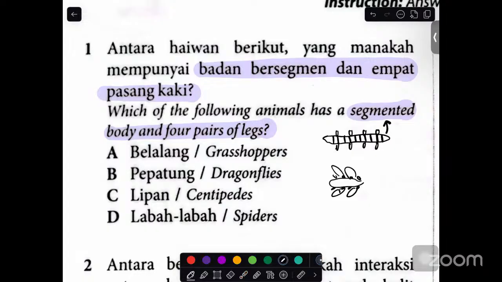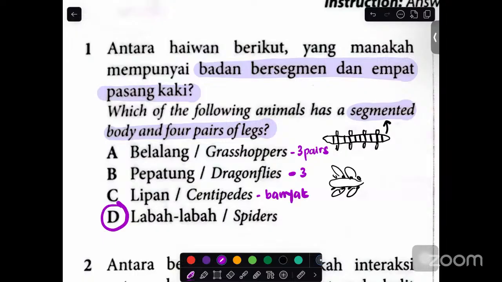So belalang is 3 pairs. Lipan banyak, it has a lot. And then labah-labah got 4 pasang kaki. Okay, faham? Okay, jom, kita continue.